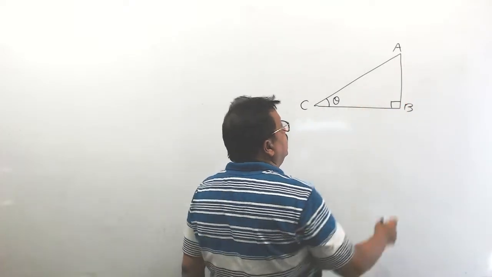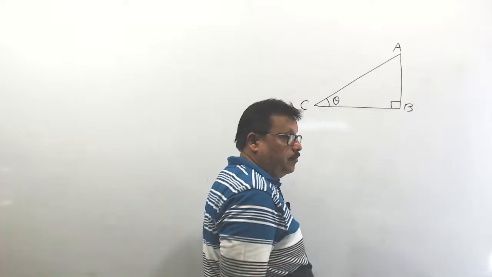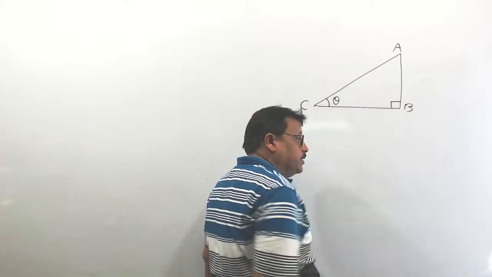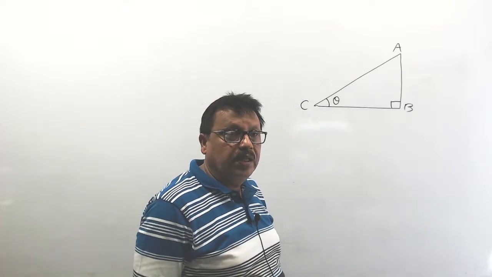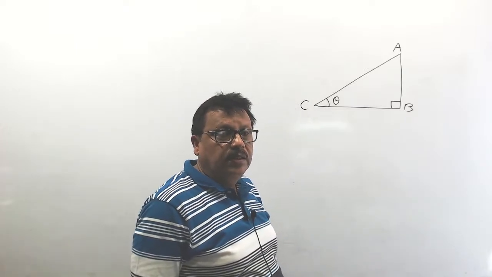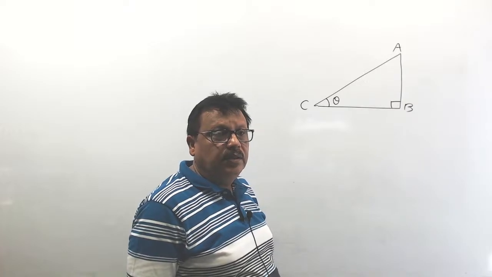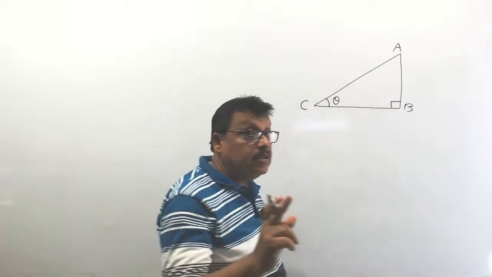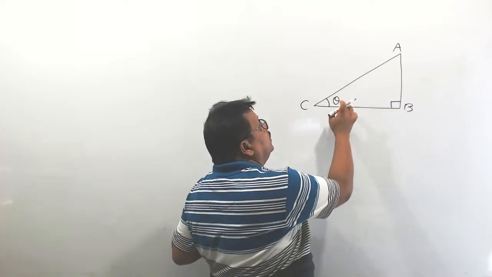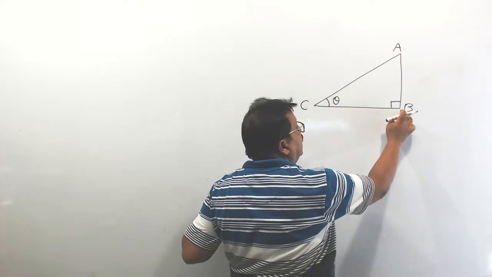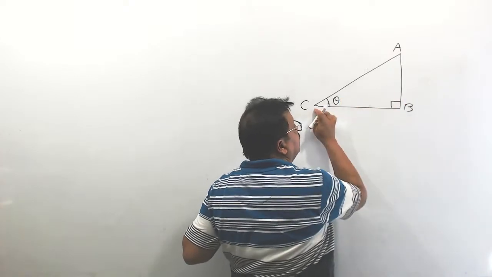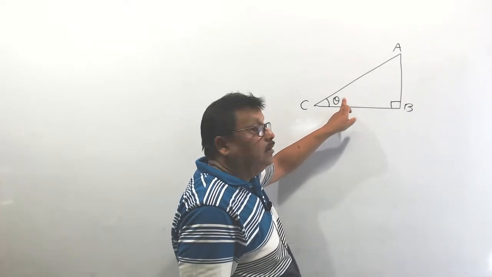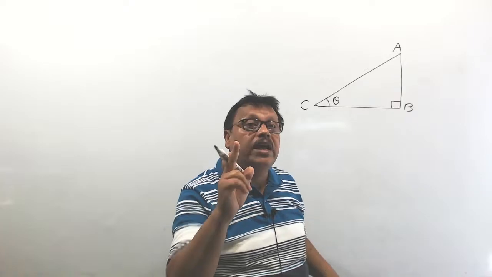Now, which one is height and which one is base? Here, AB is the height and BC is the base. Why is BC considered as the base? Because the acute angle theta and the right angle lie on a common line. That is, for both angles you get one common side.